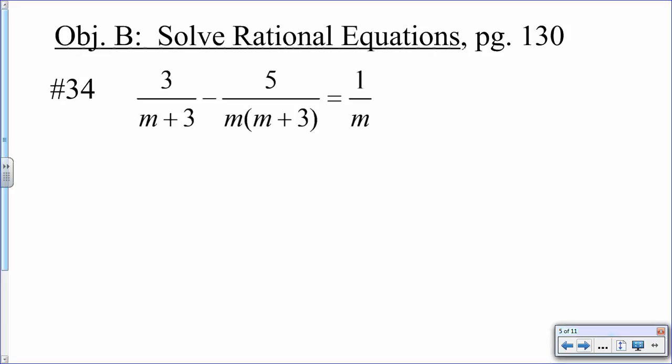So you're not just thinking, oh, there's just one solution of m. There could be, but there could be more than that too. So the degree doesn't tell you the number of solutions.